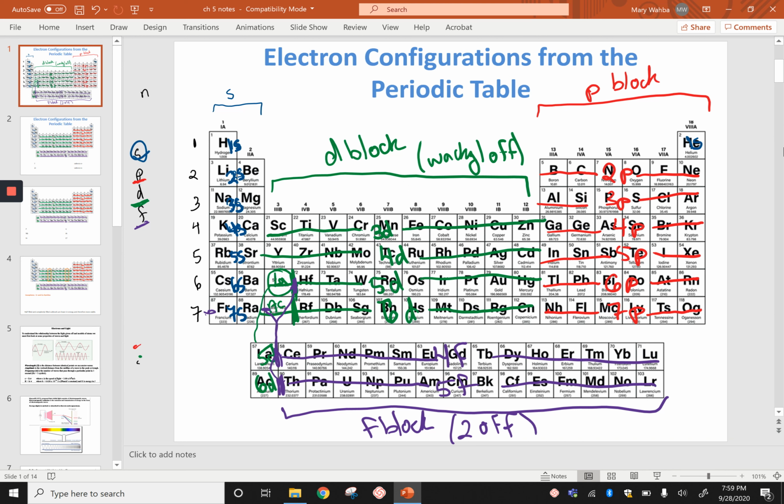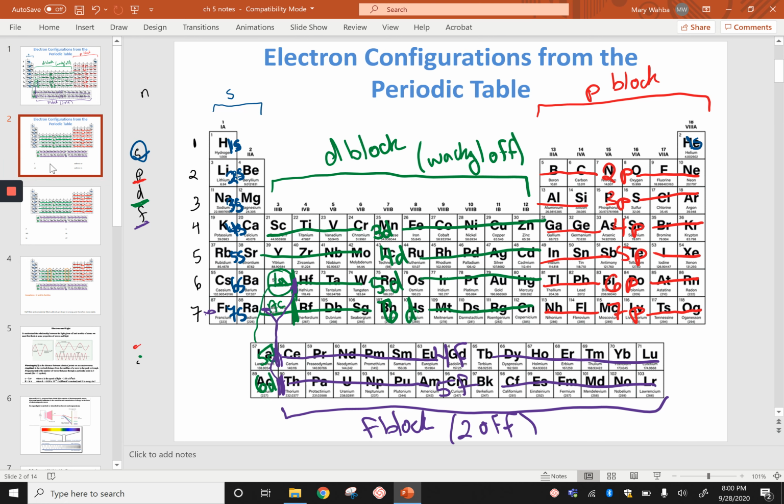So first we have the 1s, and there's 2 of those, then 2s2, then 2p6, there's 6 of these boxes, then 3s2, then 3p6, then 4s2, then 3d10, then 4p6, 5s2, 4d10, 5p6, 6s2, 5d10, and so on. So you can get the order from the periodic table here.